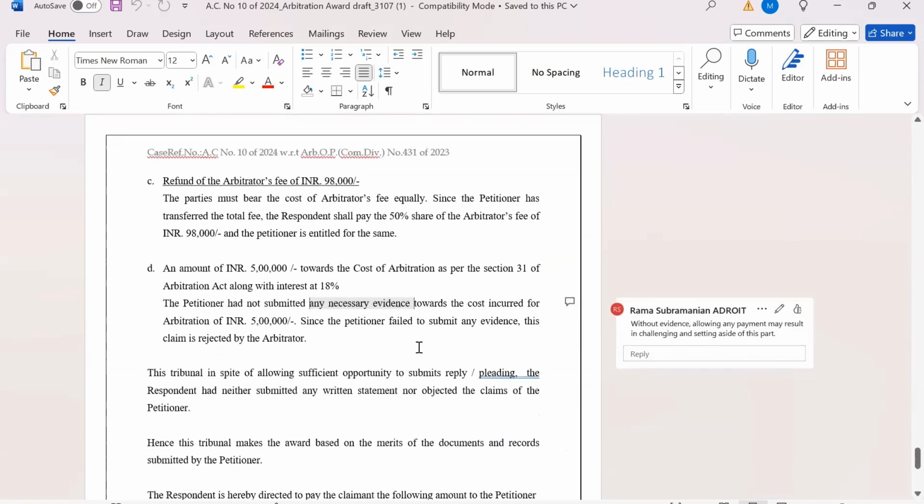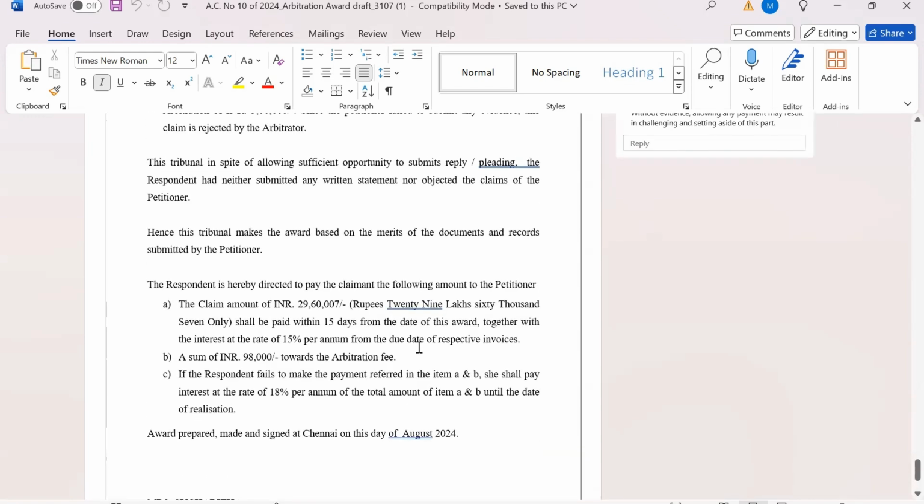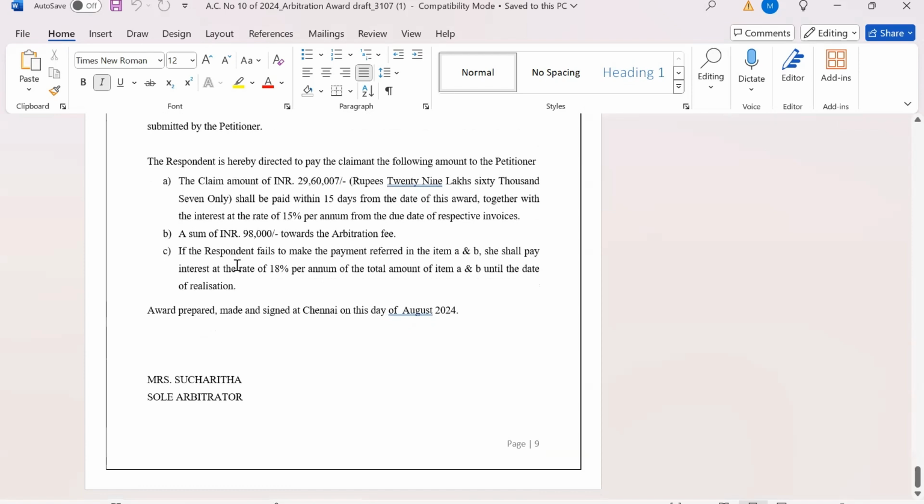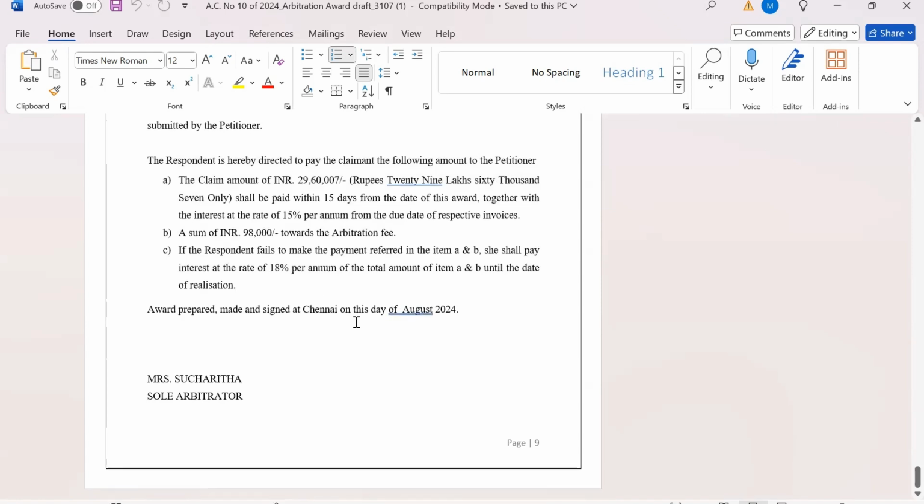Every issue is answered, and finally the award, the directions to the respondent, are mentioned at the end of the award, along with the signature of the arbitral tribunal and the date of the award. Hope you have got some idea about drafting an arbitration award.